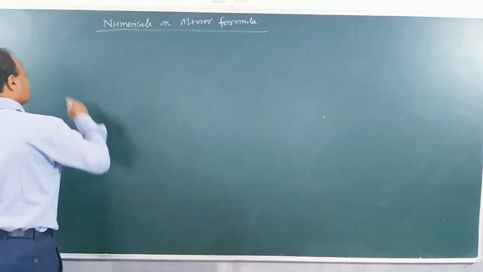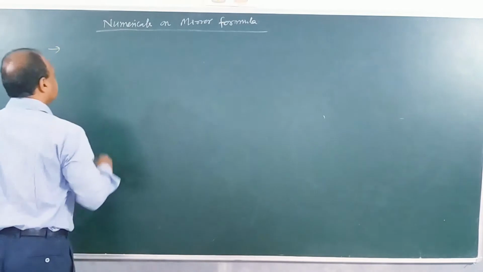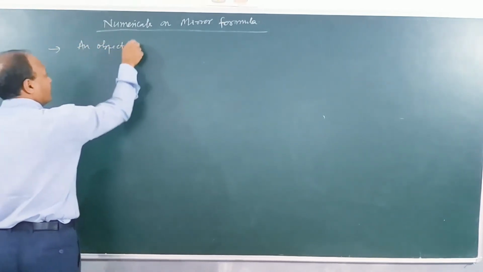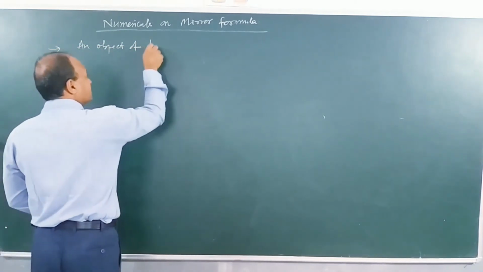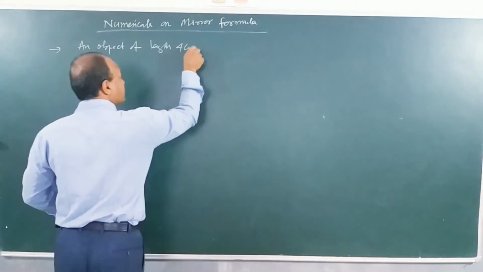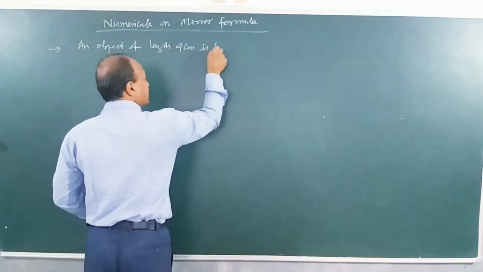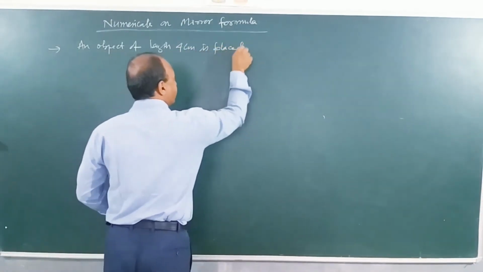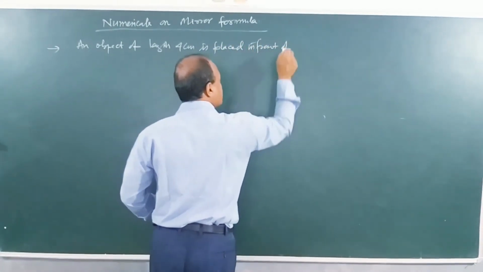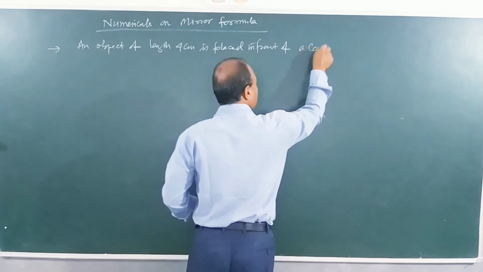We'll see another question. An object of length 4 centimeter is placed in front of a concave mirror.